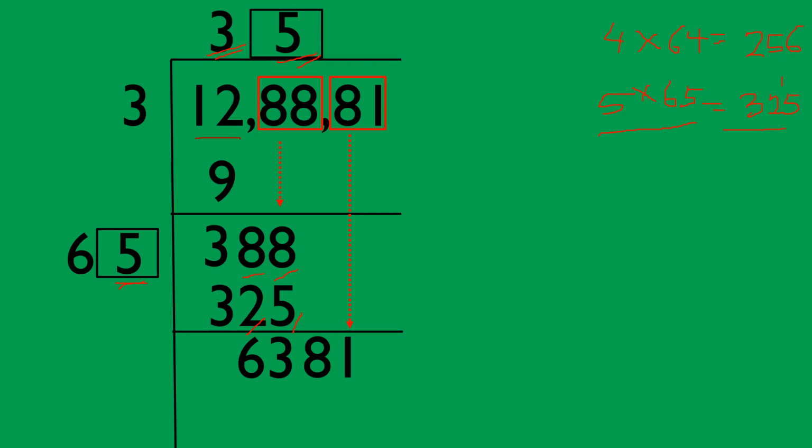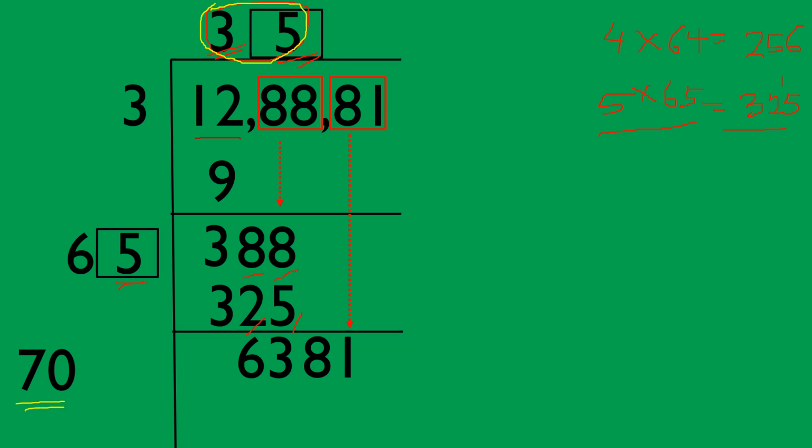Now what do we do again? We have 35 on top here. Go to the top, you see where we have 35. So this 35 on top, we will double it. 35 times 2 is 70. So we put the 70 here, as you can see.